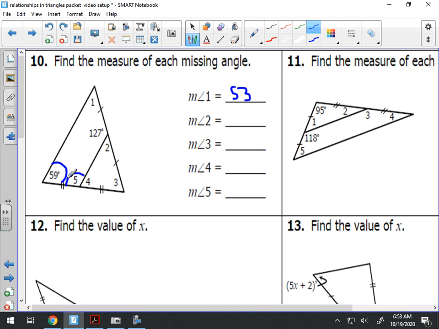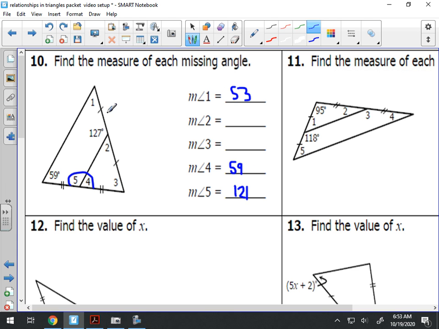So that angle 5 is 121. 121 plus 59 is 180. I'm going fast. So this is 121 plus something adds up to 180. 59.